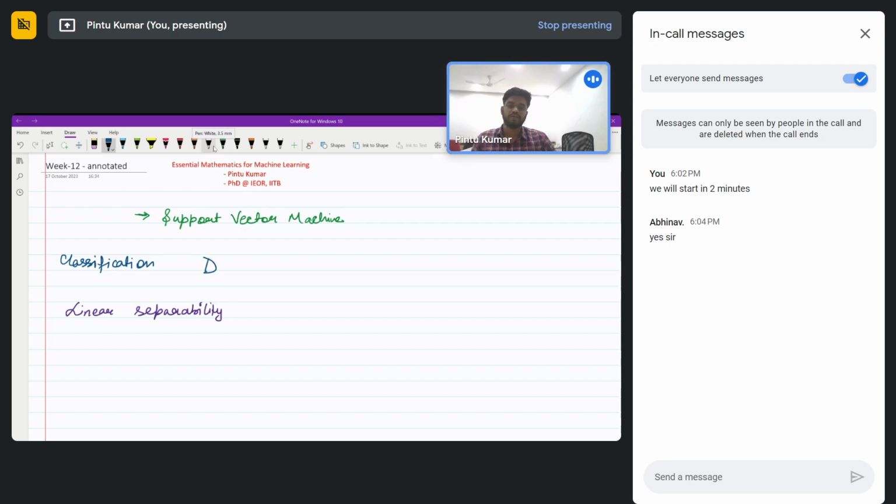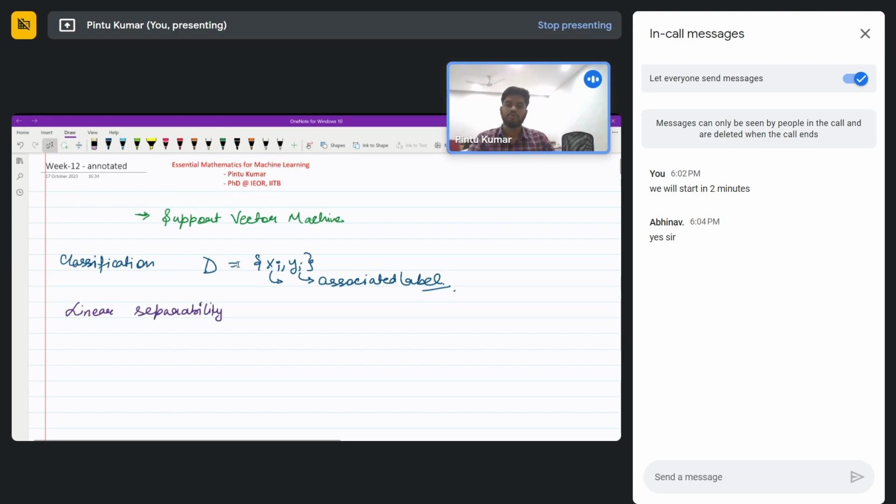Your data set would look something like xi, yi, where xi is your feature and yi is the associated label. So you will have some training data set based on which you will come up with some hypothesis, which you will later use to classify your testing data set.